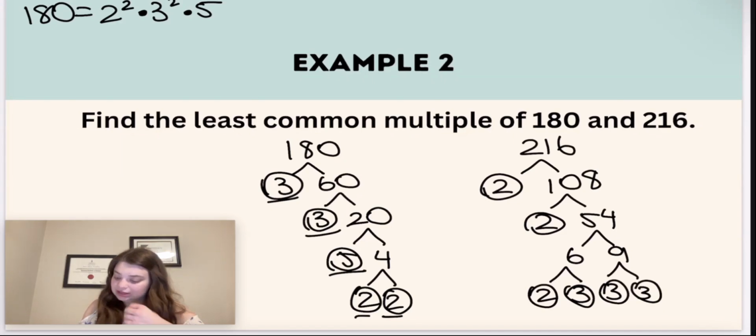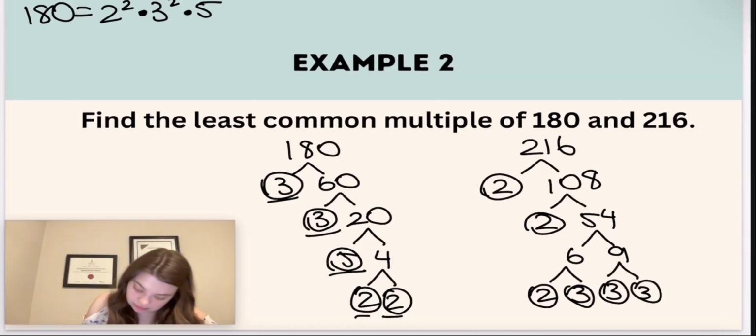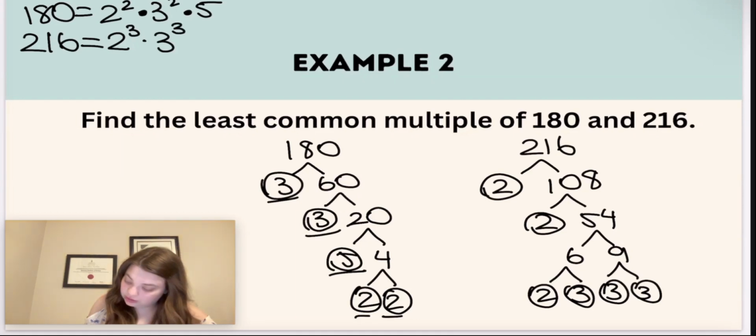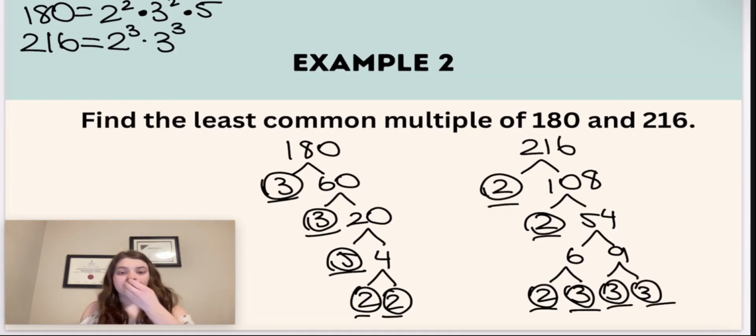So therefore, this one is 2 cubed times 3 cubed, because there's three 2's, and there's also three 3's there. So now I'm going to take each factor from either of them and put it in. And in cases where both have the same factor, I'm going to go with the highest multiplicity.